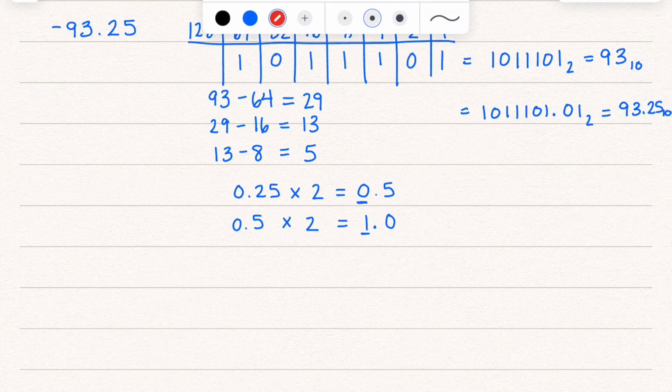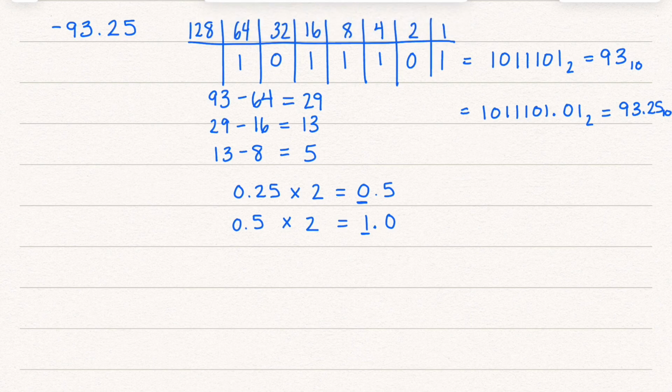I'm going to take that number and put it into normalized binary form. So if I have the number 1011101.01, and I want to put it into normalized binary form, which is basically scientific notation of binary numbers, then I'm going to move my decimal to that spot.